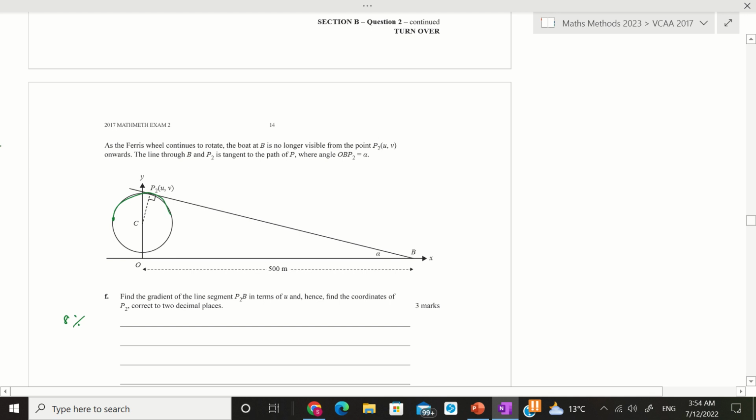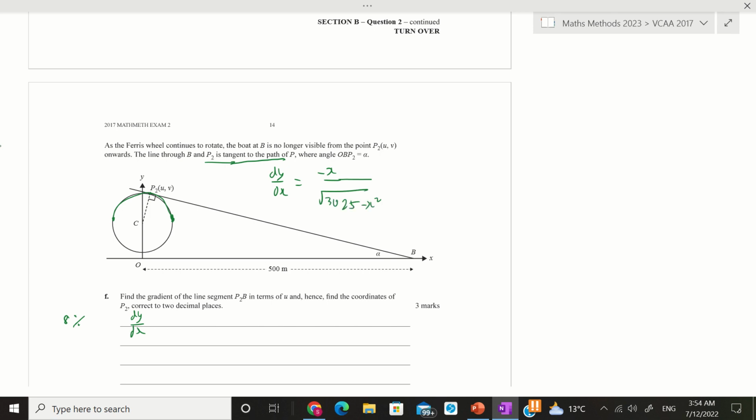We were given an equation that described the top half of the circle, and we are told that this line through P2 and B is tangent to this path of P. So if I go from B to P2, that's going to be tangent to this circle. So dy/dx from the previous question was negative x on the square root of 3025 minus x squared.